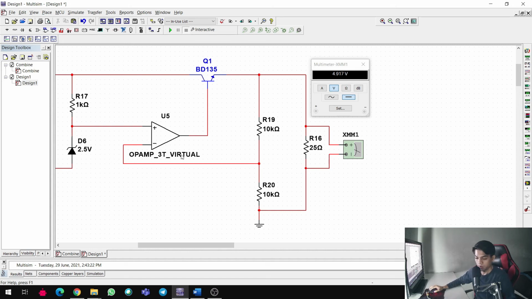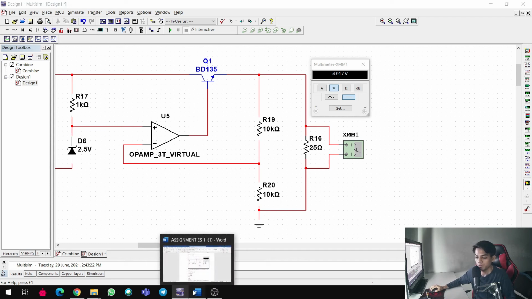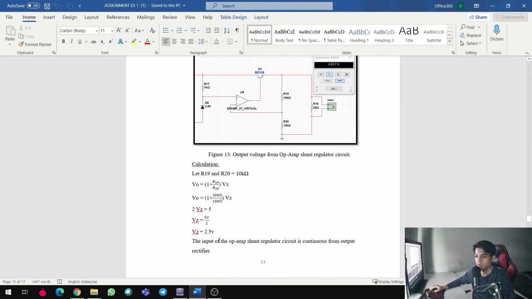For this part, we need to find the voltage for the Zener diode. We must use the same value for R19 and R20, so we just assume the value for R19 and R20 is 10 kilo ohm.